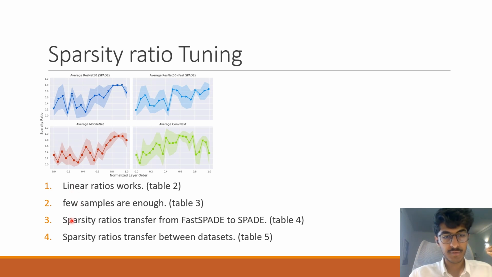And most importantly, we show that sparsity ratios transfer between datasets. So for instance, we tuned the sparsity ratios for ResNet50, MobileNet, ConvNeXt, and if you have a ResNet50 network that was trained on a different dataset, you can still use our sparsity ratios, which completely removes the sparsity tuning phase.